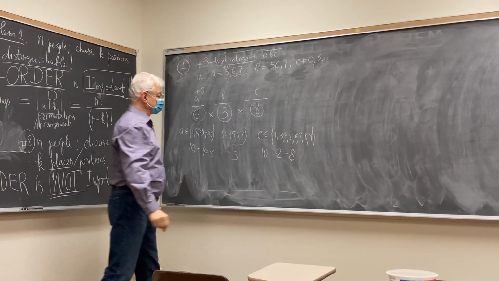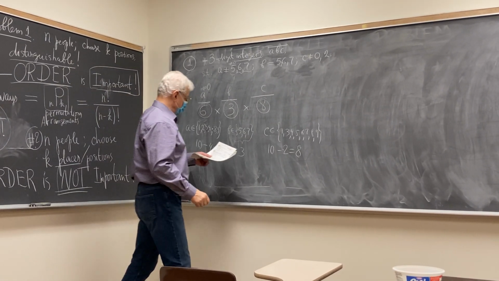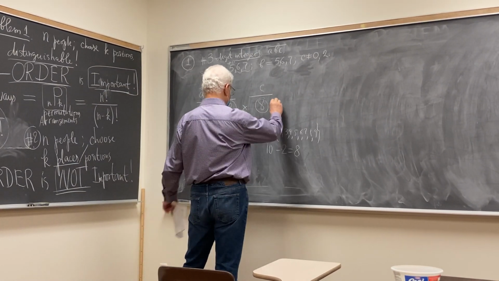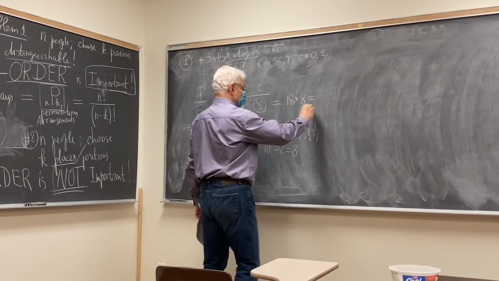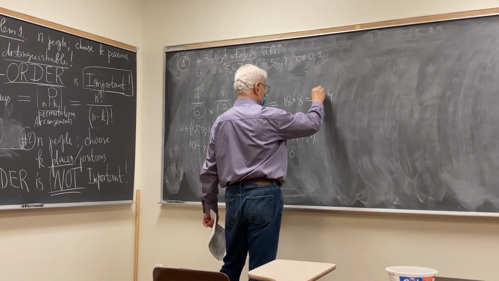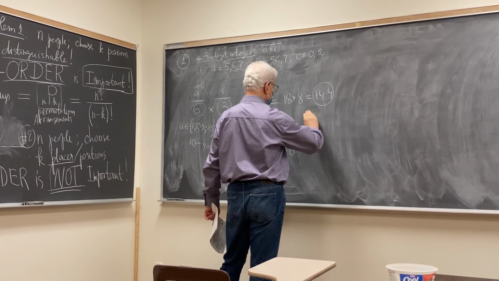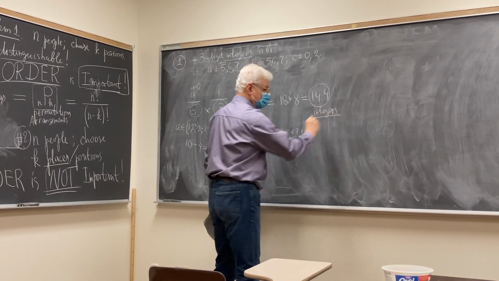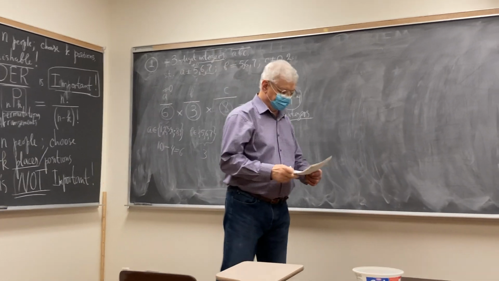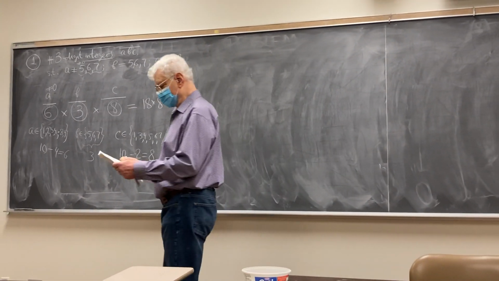You see that all the restrictions are homogeneous, and we multiply those, and you get 18 times 8, which is 144 integers. Okay, got it? So this is how you have to solve.